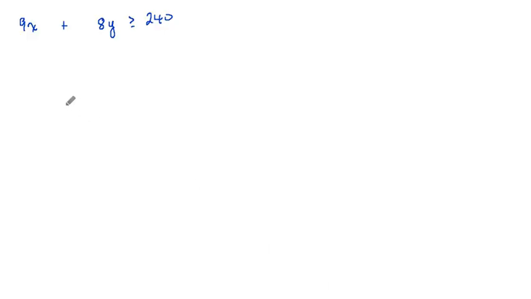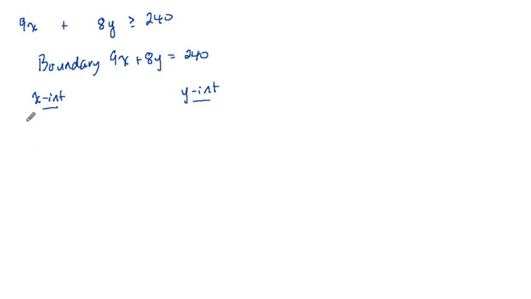Now I've come over to this slide to do some work on graphing the boundary. Our boundary is 9x plus 8y equals 240. I'll graph this one by the x-intercept and y-intercept.